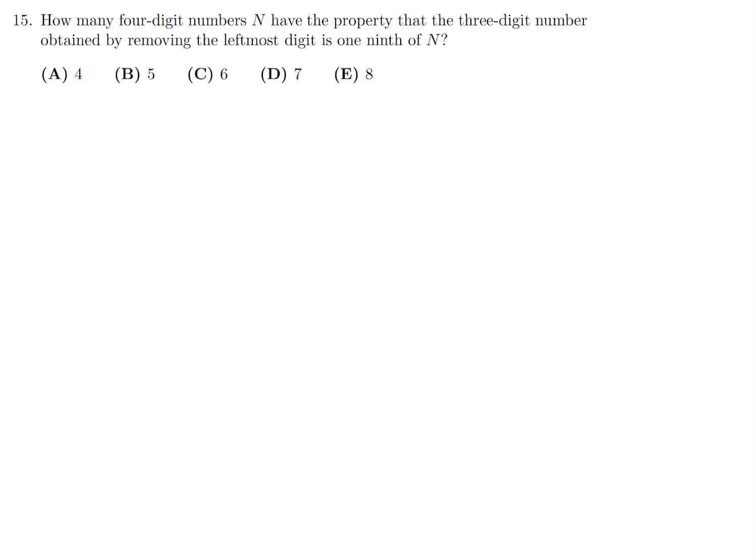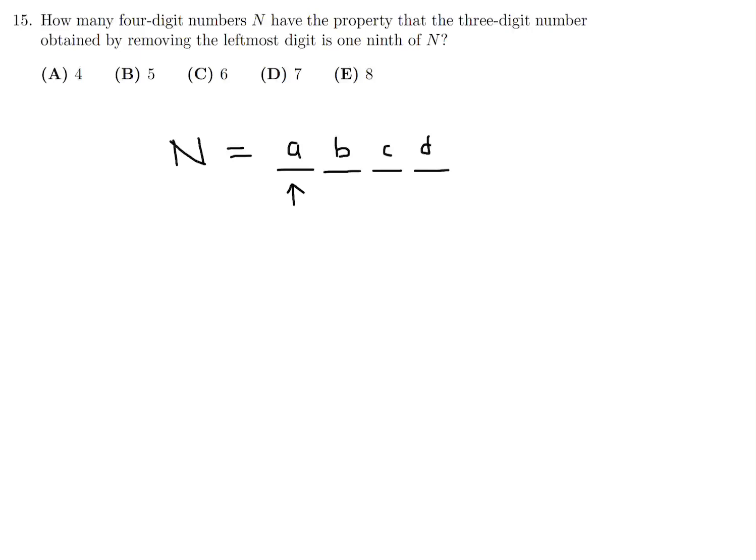How many 4-digit numbers n have the property that the 3-digit number obtained by removing the leftmost digit is 1/9 of n? So you have a number n, and it has 4 digits. 1, 2, 3, 4. And I'll just call them A, B, C, and D. Then what you're doing is you're removing the leftmost digit.